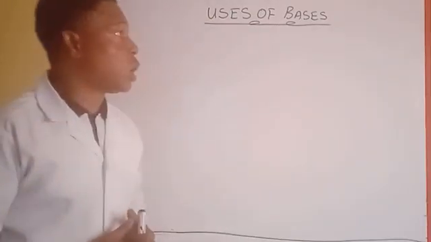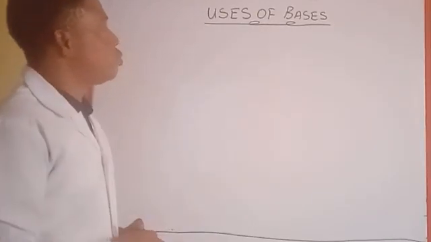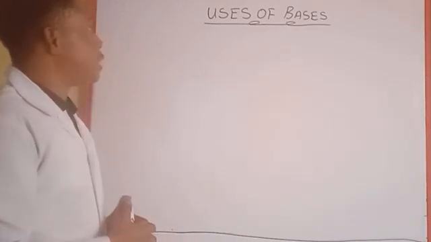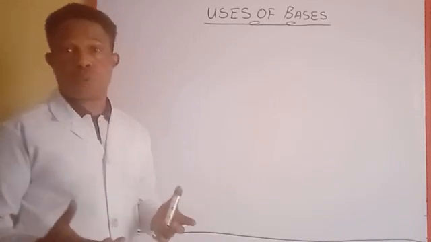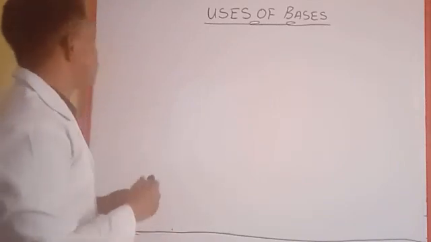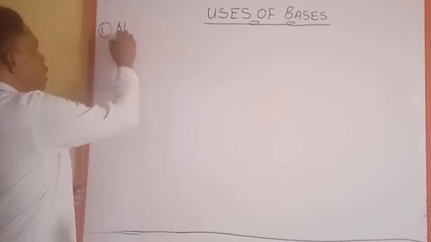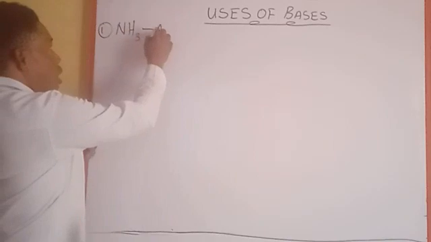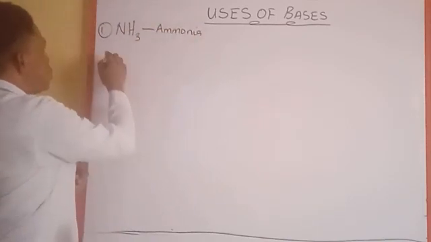In this video, I'll be teaching on the uses of base. Okay, we want to know the uses of base. If I ask you to list some bases you know, you might give me some examples. Number one, ammonia, NH3, is an example of a base.